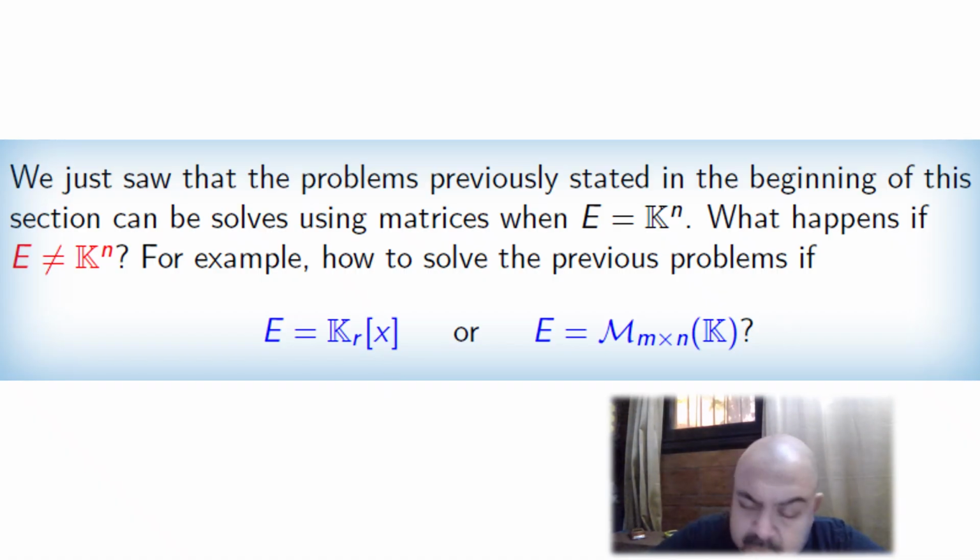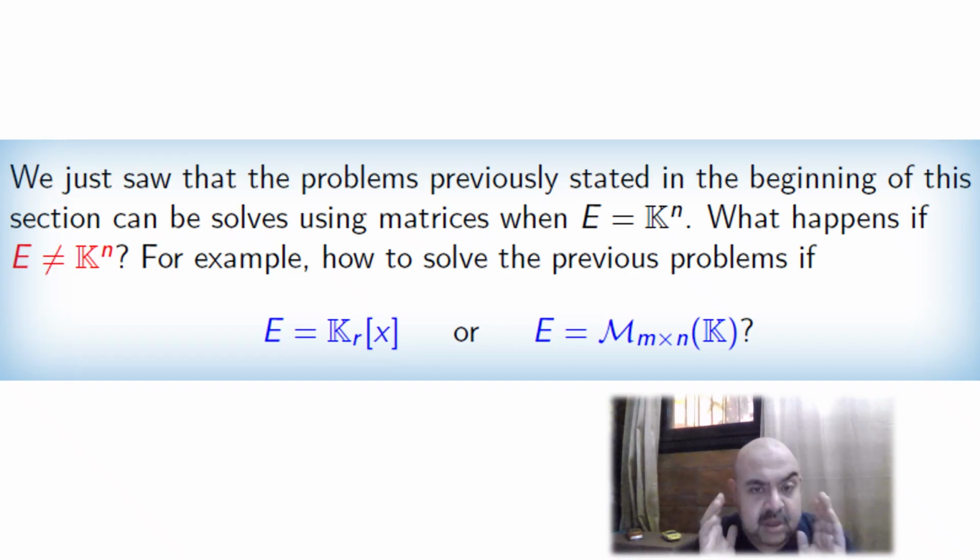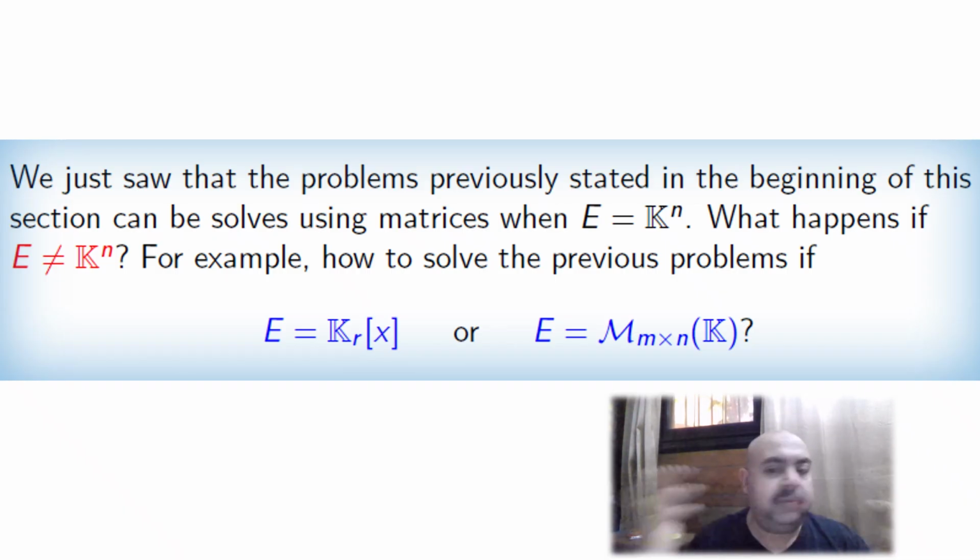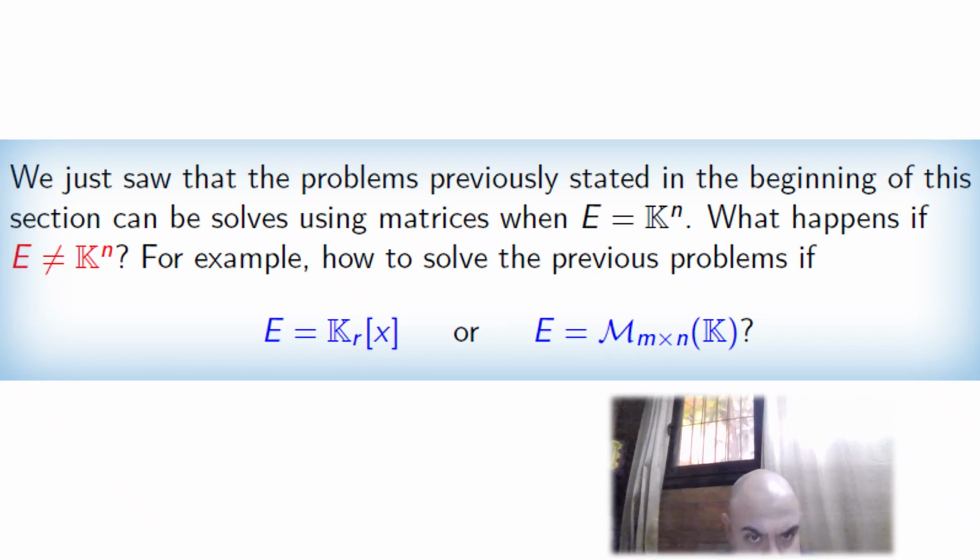We already defined a vector space as a collection of vectors or objects working under addition closure, multiplication by scalar closure, and all these conditions. So it can be applied for vectors, for polynomials, for matrices, for functions, or for operations in general.